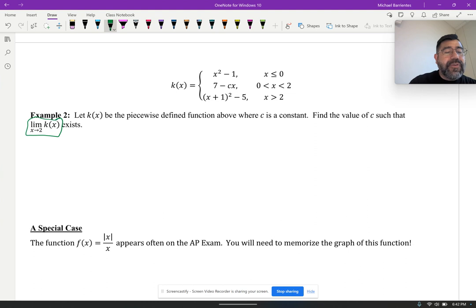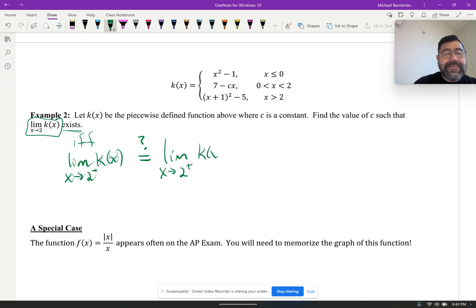If we're given a full limit, I call it a full limit, meaning I'm coming towards x equals 2 from both sides, a full limit exists if and only if the limit of the function as x approaches that value from the left equals the limit as x approaches that number from the right. That's the only way it's going to exist. The full limit will only exist if the left side equals the right side.